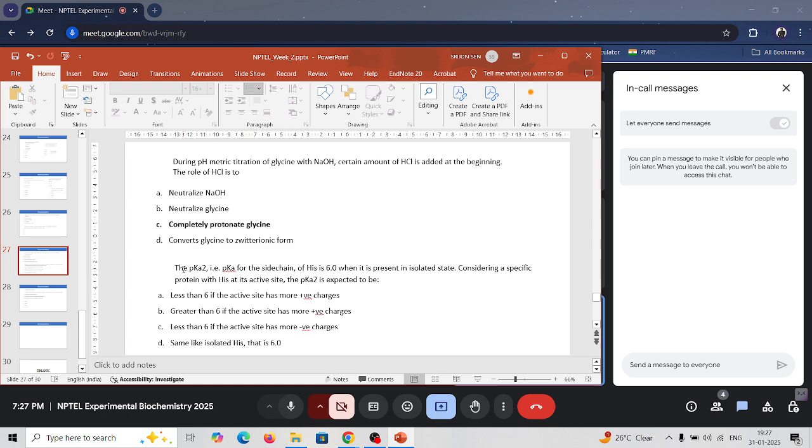So the next one. The pK2 or the pK for the side chain of histidine is 6 when it is present in an isolated state. Considering a specific protein with histidine at its active site, the pK2 is expected to be?